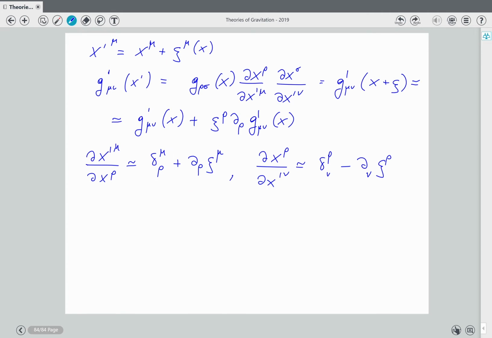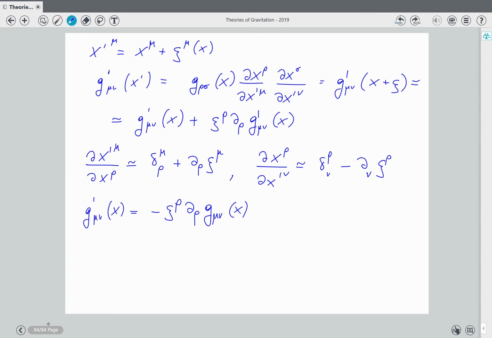So from this identity, let me move this object to the other side. You can write g'_{μν}(x) equals minus ψ^ρ ∂_ρ g'_{μν}(x), but to the first order, this g' can be replaced by g because it's already multiplied by ψ, so we do not need that. But then you have to compute that one to the first order.